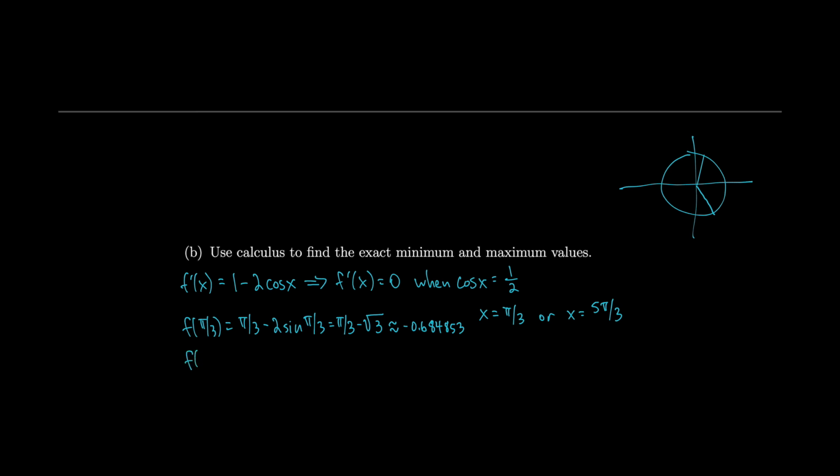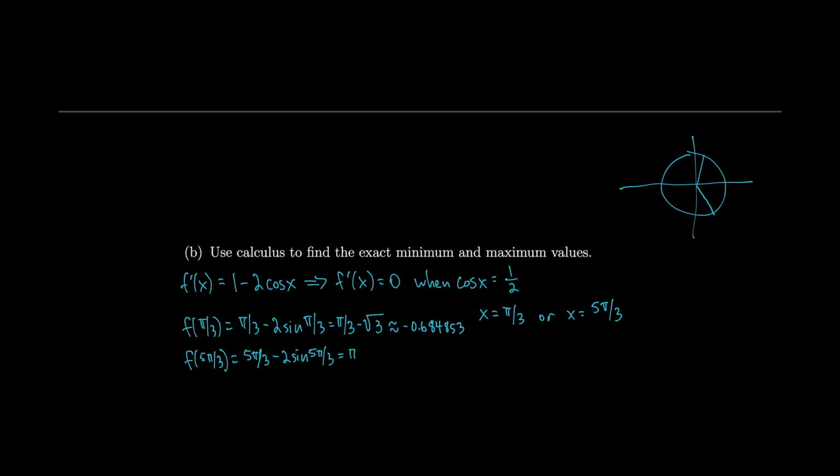Let's do f of 5 pi over 3 now. So that's the same thing, 5 pi over 3 minus 2 times the sine of 5 pi over 3.